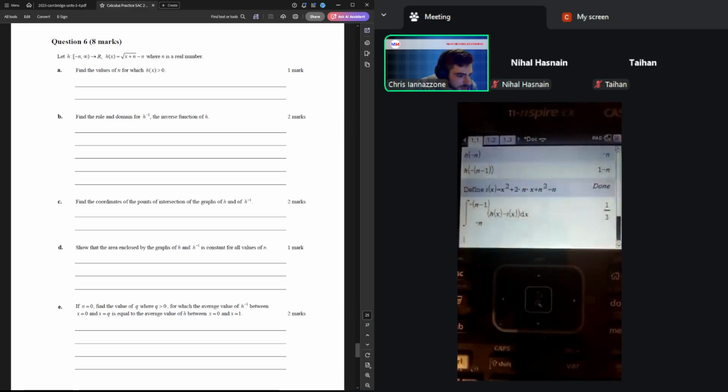This wasn't a VCAR question, so let me pull up and see what the intended idea was here. What do they want us to do? Yeah, they wanted you to do exactly that, which was write out this integral and just say that it equals a third. Which is a bit weird for a show that.